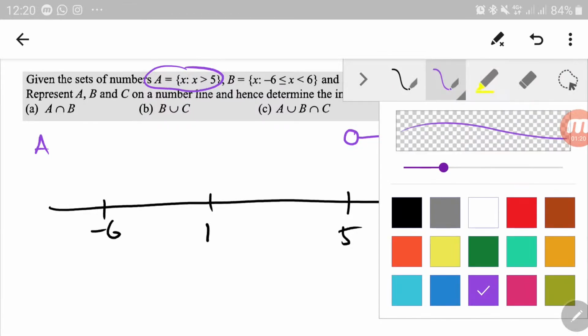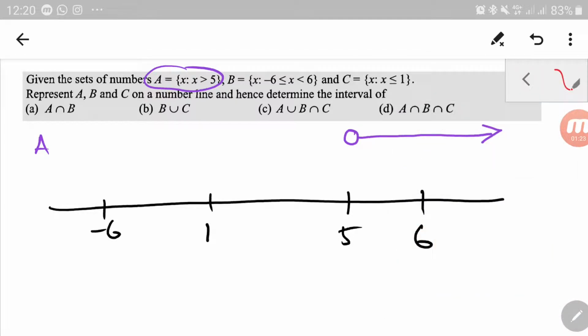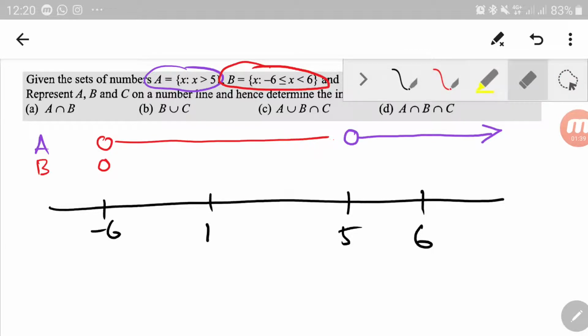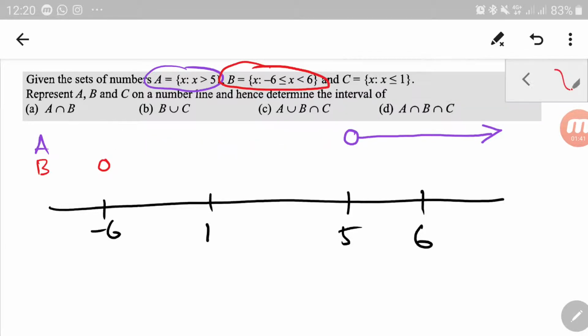just like that. Okay, then second, maybe we use red for B. B is from -6 to 6, so it's B here beneath. Do not put them over here, otherwise it will be troublesome to find the solution.